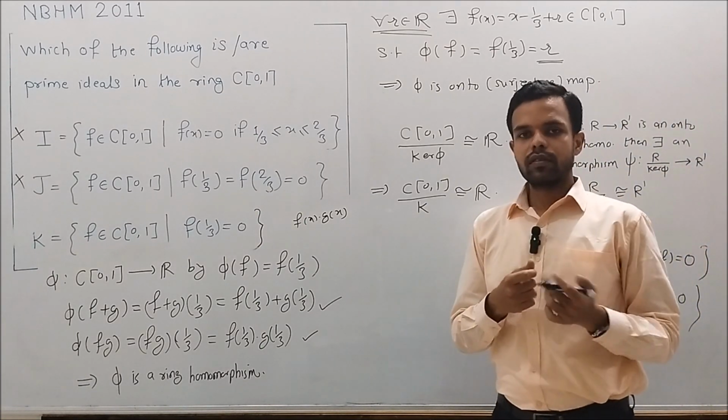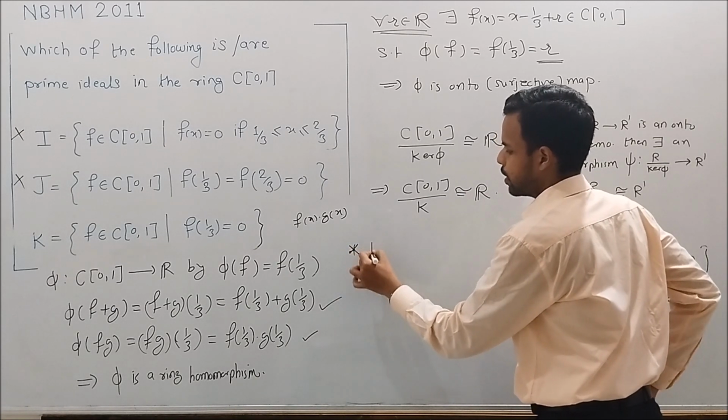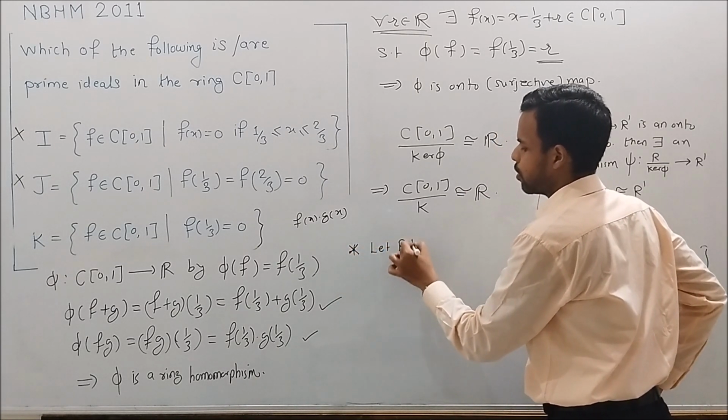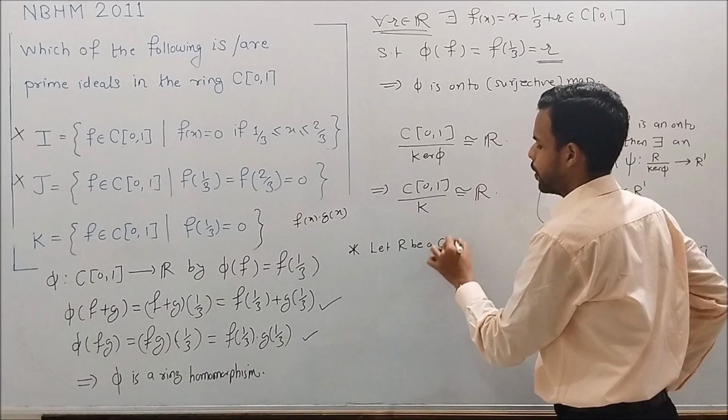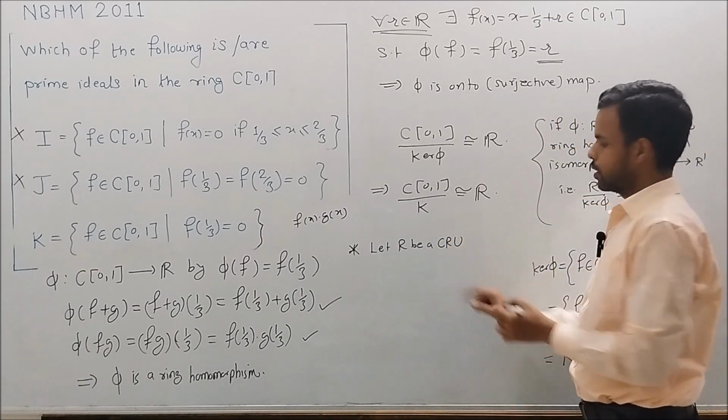Now we will use the result. Let R be a commutative ring with unity.